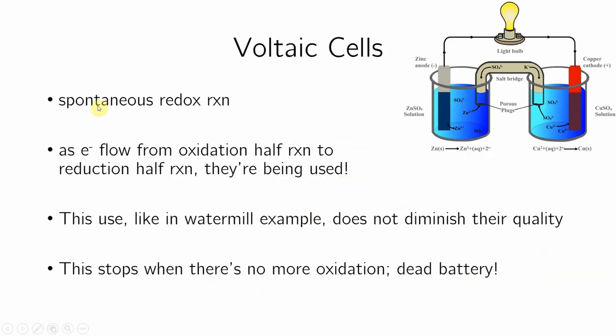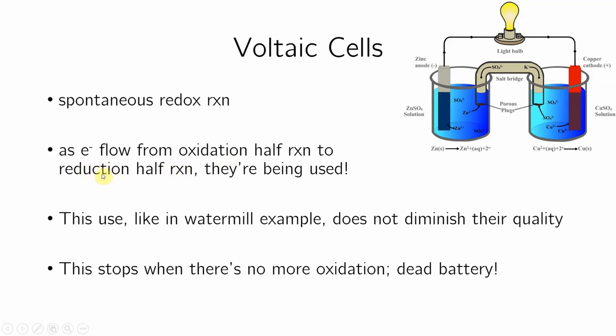As I mentioned, it's a spontaneous redox reaction going from this area to this area, and as electrons flow, they flow from where the oxidation takes place to where the reduction takes place. That's the general flow from oxidation into reduction. That makes sense because the reduction area is where electrons are being taken in.